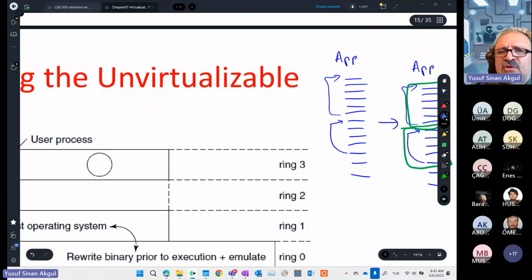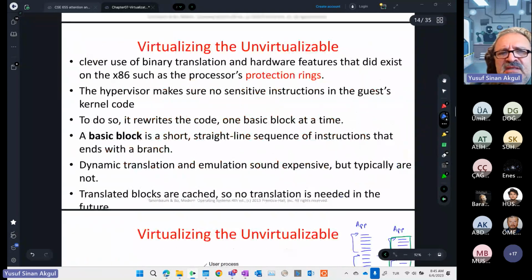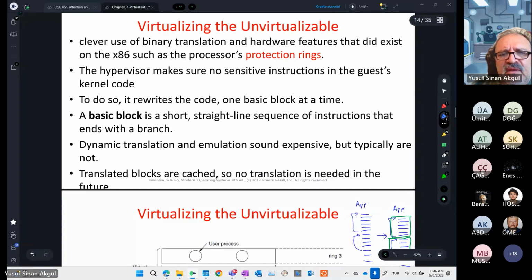So these kinds of hypervisors take these pieces of code, where at the end there is a branch, and rewrite them either on the fly or offline, usually on the fly.